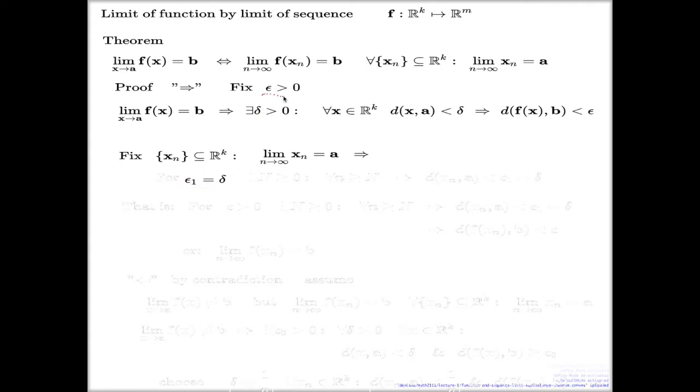So for one choice of epsilon 1, which I choose to be delta, the definition of this limit tells me that there is an index n such that past that index, I have this distance of the xn sequence from the A point less than my epsilon 1 chosen to be delta. Again, I just indexed my epsilon with 1 to distinguish it from this epsilon, for which we chose delta.